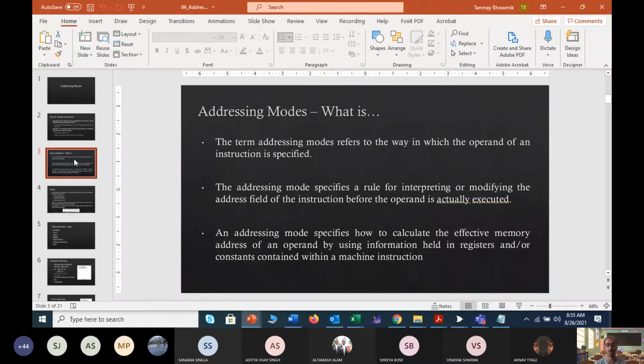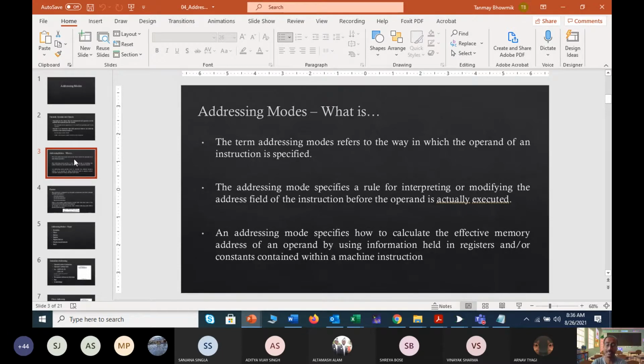Addressing mode is related to all these operations: how you will store, where you will store, or from where you will fetch. This "where" is actually related to the effective memory address.